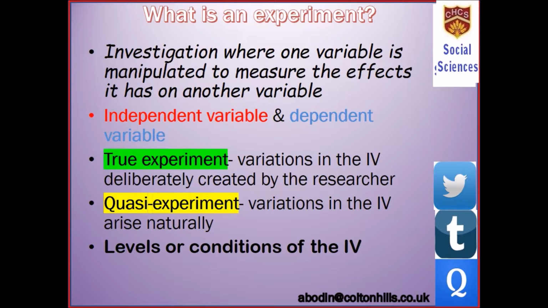There were 5 different levels of the independent variable within Loftus and Palmer's research, and these were the verbs that ranged from, say, smashed, contacted, hit, just to give you 3 examples.